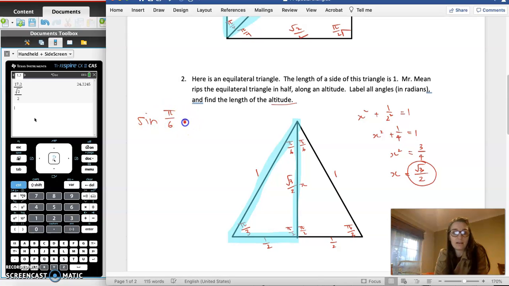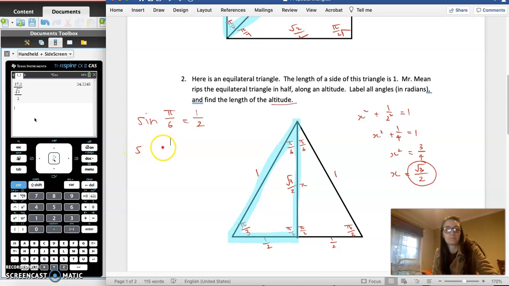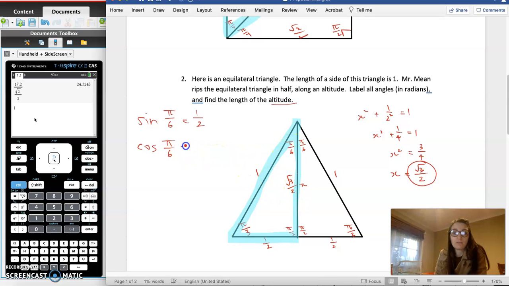Sine pi on 6 is opposite over hypotenuse, 1/2 divided by 1 is 1/2. Cos pi on 6 is adjacent over hypotenuse, root 3 on 2 on 1, which is root 3 on 2.